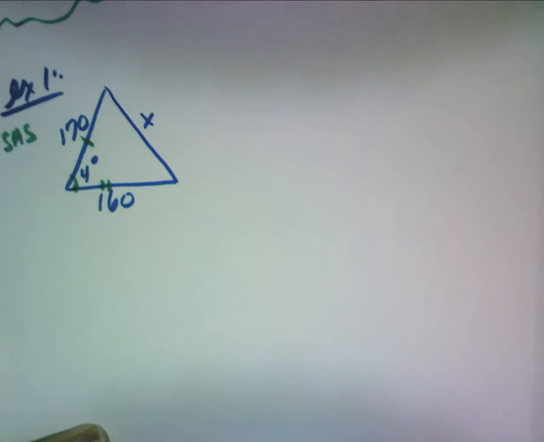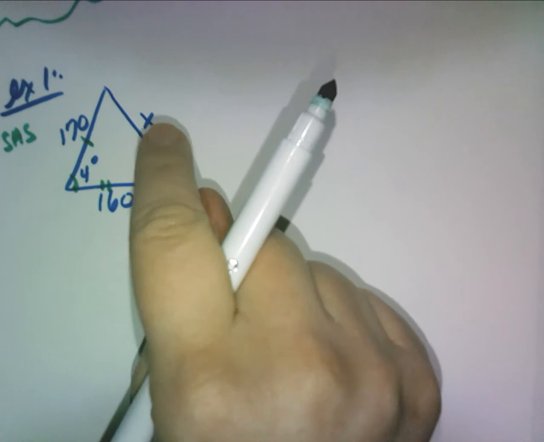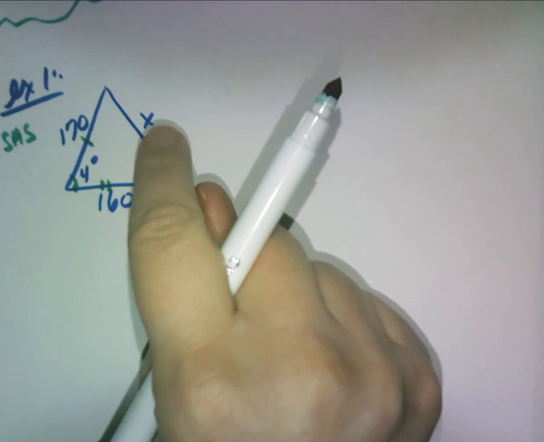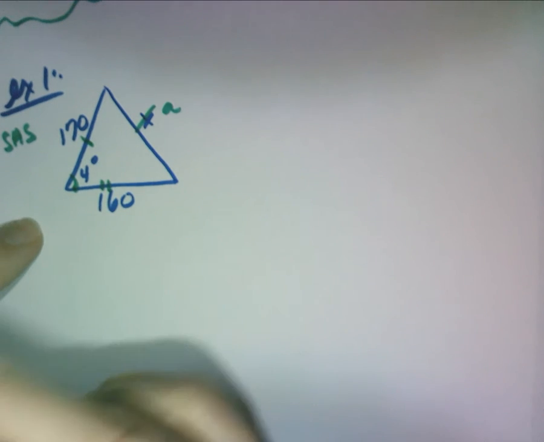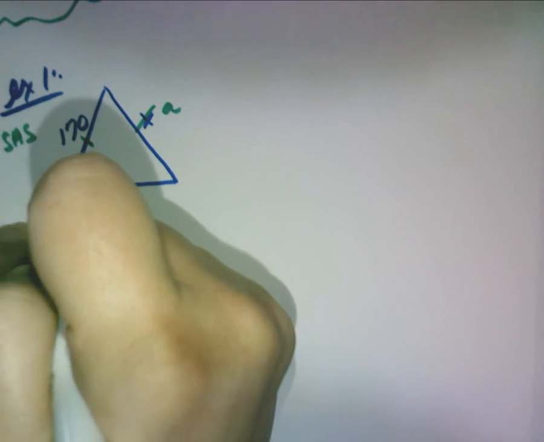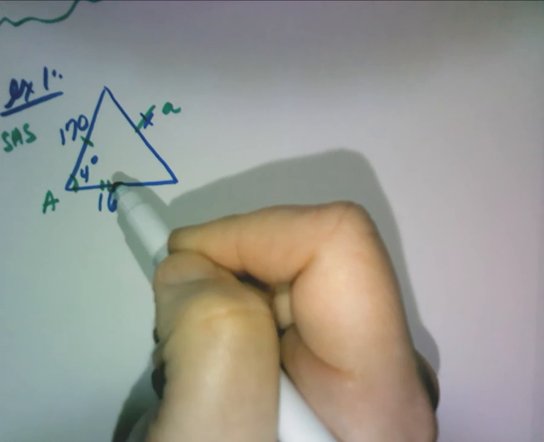Side, angle, side, you use law of cosines. Since they call this X, it's up to you. You can call this whatever letter you want. I'm going to call this side A, and that means this angle would be angle A. Which one do you call B and C? It doesn't matter. So I'm going to call this little b and this little c.